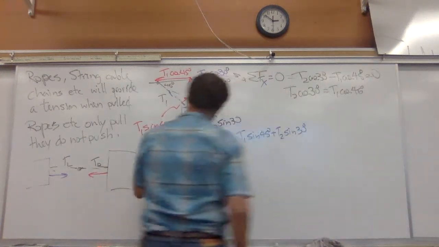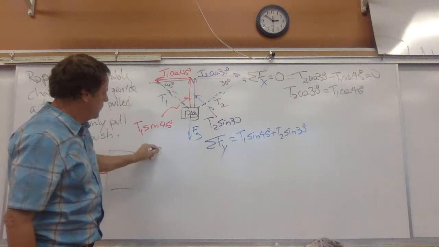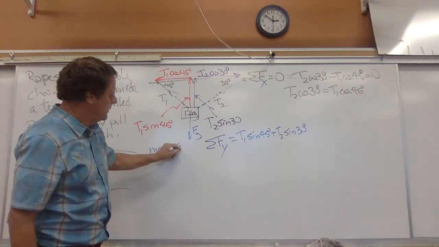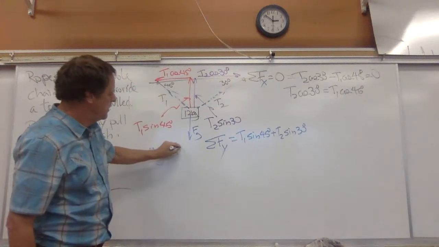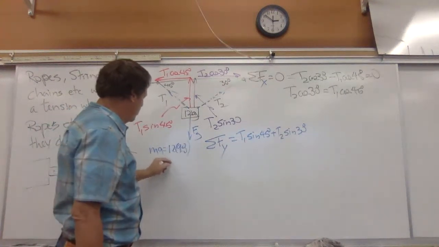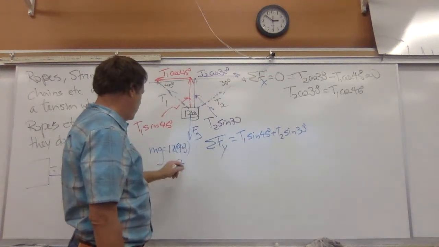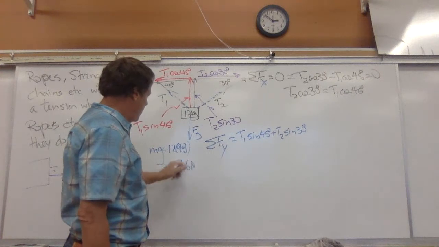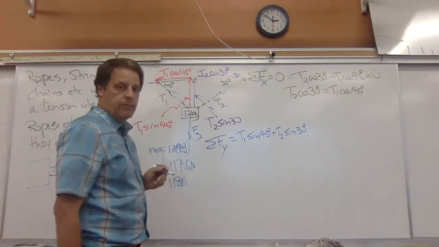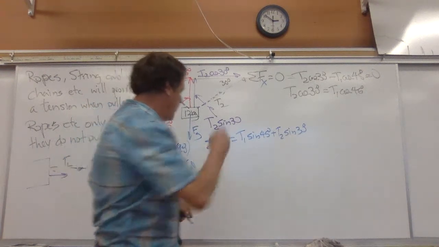Now going down is going to be the force of gravity, which is equal to mg, which is equal to 12 times 9.8, which I believe is equal to 117.6. And we're just going to call that 118 newtons. 118 newtons is our force of gravity.